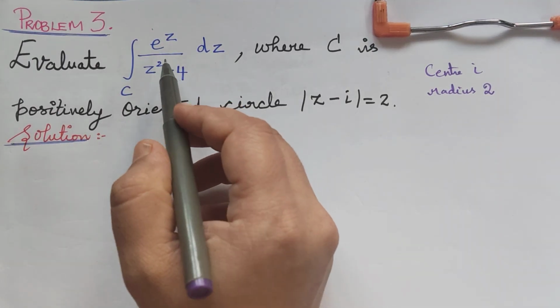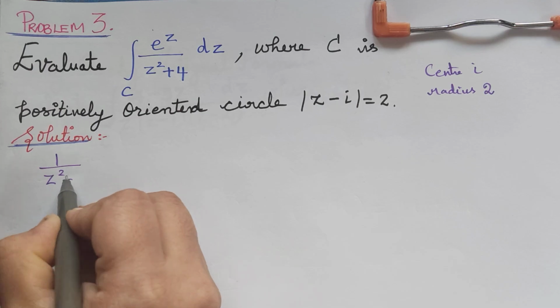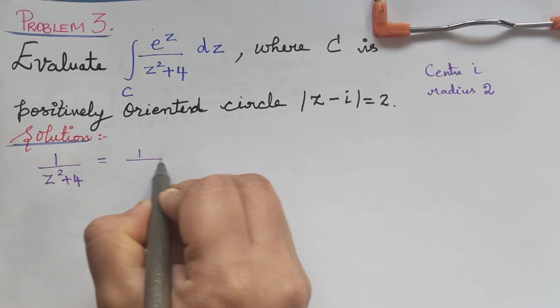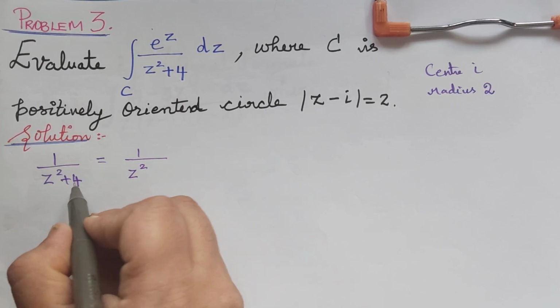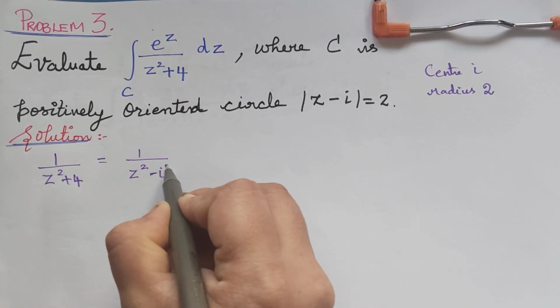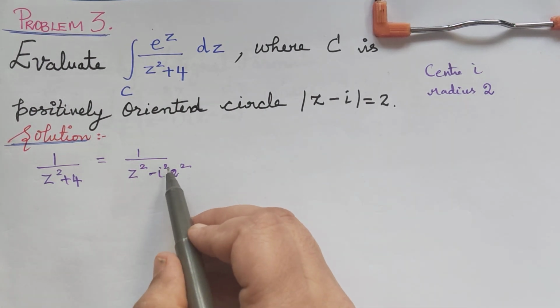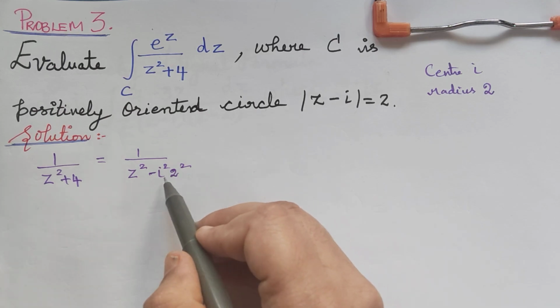So now we shall first rewrite this given integral in this form, for which we shall first consider 1 by z^2 + 4. We can rewrite this as 1 by z^2, and then this 4 can be written as minus i^2 2^2, because we know that i^2 is minus 1, and minus into minus will become plus, and 2^2 is 4.